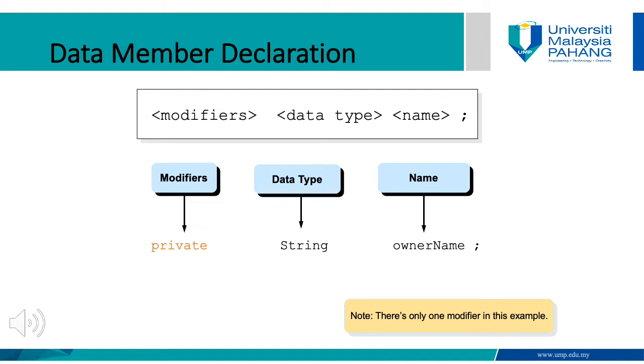After that, you have to decide on the data type, whether you want it to be a string or an integer, and then decide on the name. So here the example is ownerName for the Bicycle class. Remember, there is only one modifier in this example, which is private. As I mentioned earlier, another modifier that you can use is public.